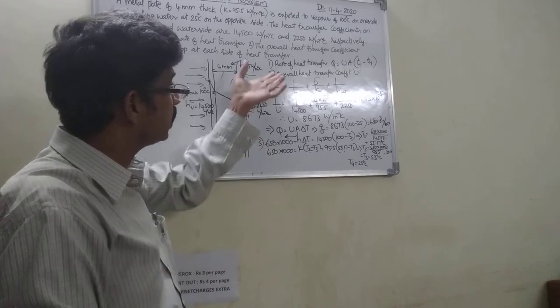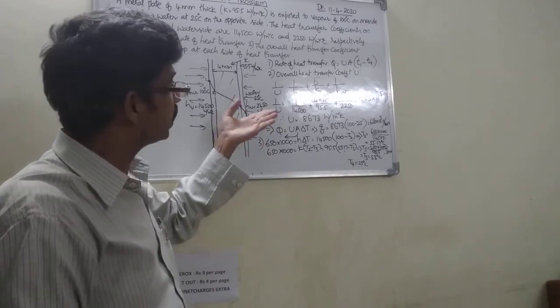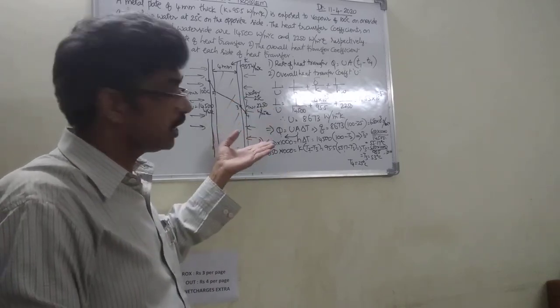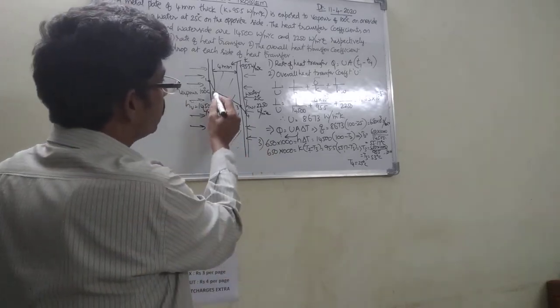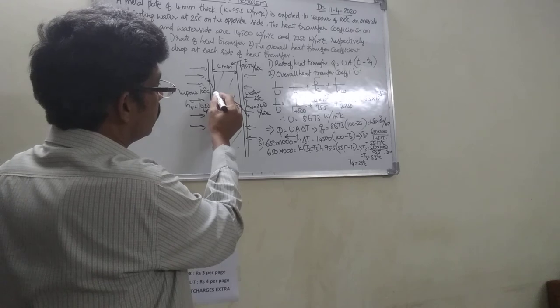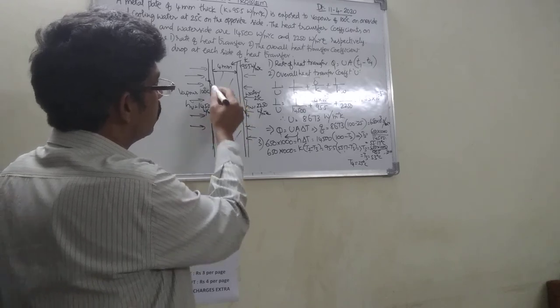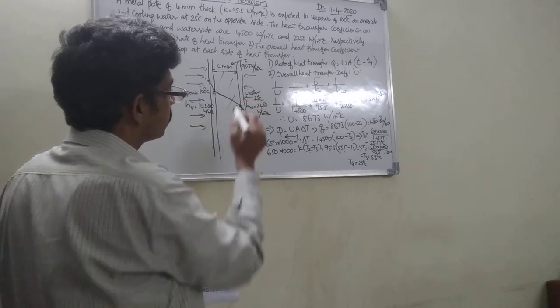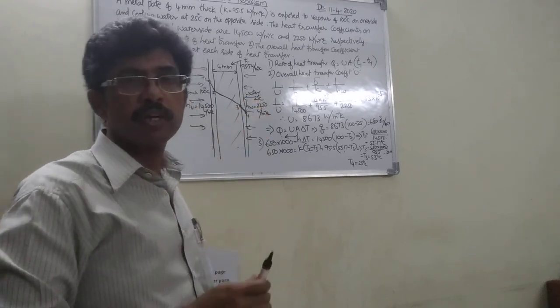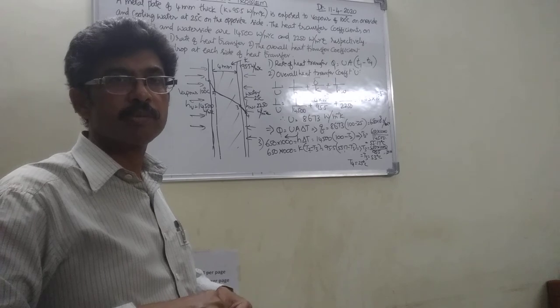Using these relations we can find out the overall heat transfer coefficient and the rate of heat transfer, as well as the temperature in between the points. So the internal temperatures also we can find out. The temperature gradient will be like this. Hope this will help you to solve heat transfer problems. Thank you.